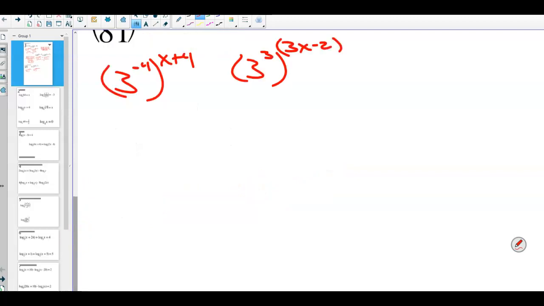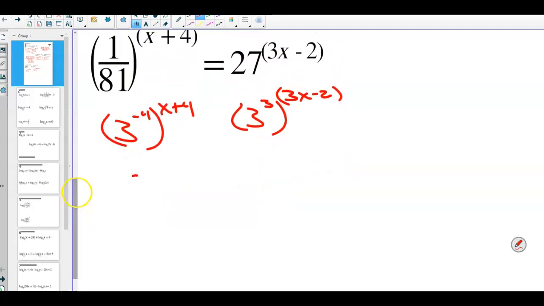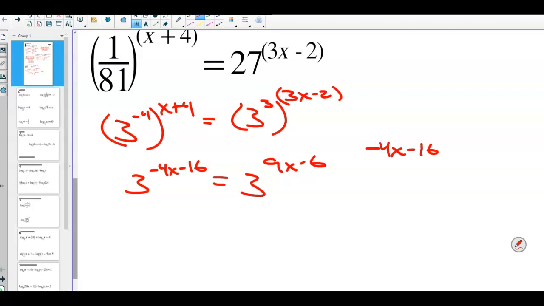And we're writing a power to a power. 3 to the negative 4x minus 16 equals 3 to the 9x minus 6. And then we set the exponents equal. Negative 4x minus 16 equals 9x minus 6.